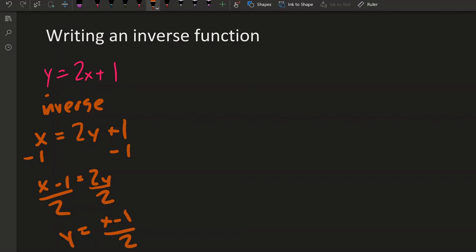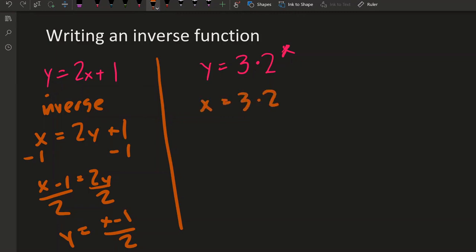Now, how do I do it with an exponential function? If I start off with an exponential function like y equals 3 times 2 to the x, I'm going to switch the locations of the x and the y. So x is equal to 3 times 2 to the y.